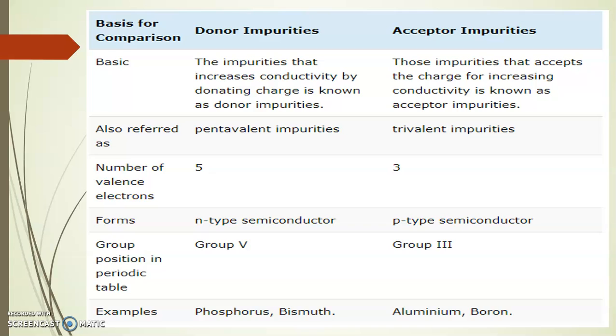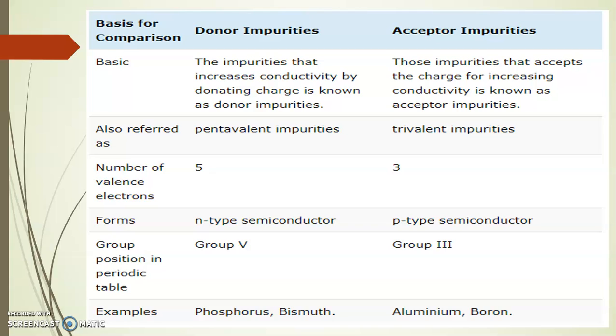The main two types of extrinsic semiconductors are P-type semiconductor and N-type semiconductor. You have to study in detail what P-type and N-type semiconductors are, because they form the P-N junction diode that we have to study in this chapter. We have also seen what donor impurities and acceptor impurities are.